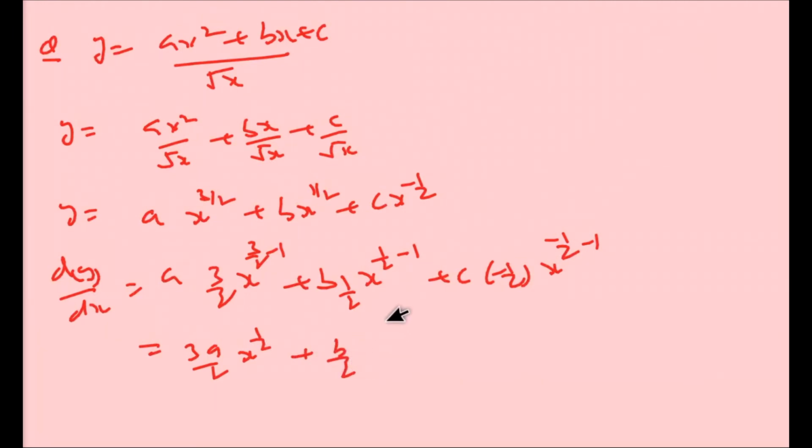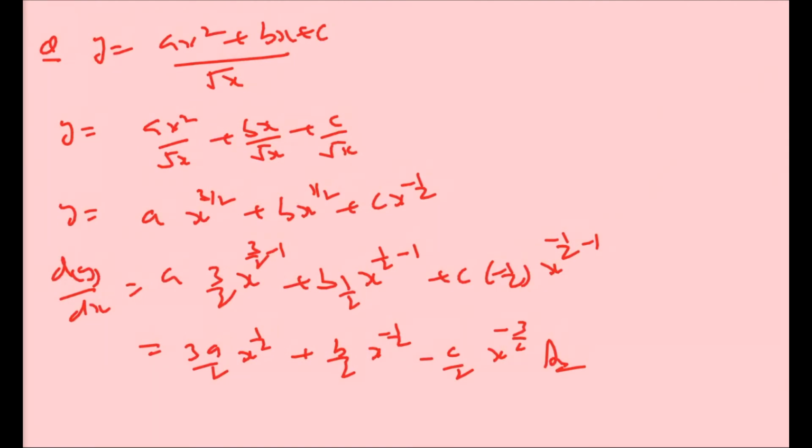Now you can take x to the power minus half. This is simplification only, nothing else. Minus c by 2 x to the power minus 3 by 2. So this can be your answer. So students, if the question involves simplification, you have to simplify first.